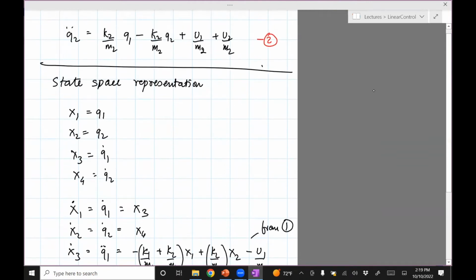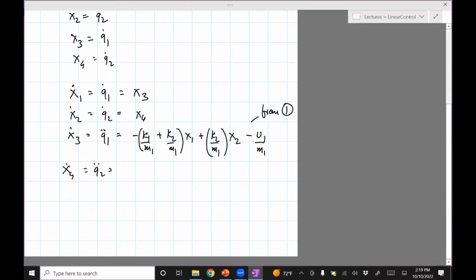So I just substitute the value of Q1 and Q2 as X1, X2. And I have K2 divided by M2 times X1 minus K2 divided by M2 times X2 plus U1 divided by M2 plus U2 divided by M2. So this is from 2.